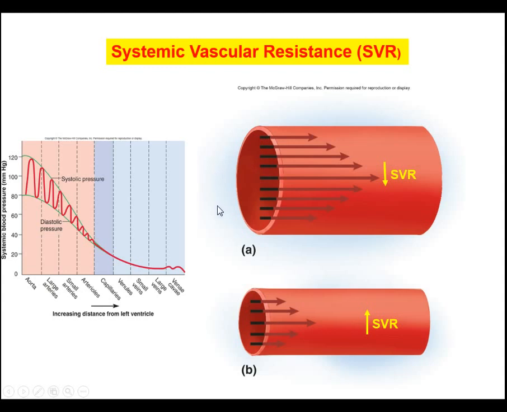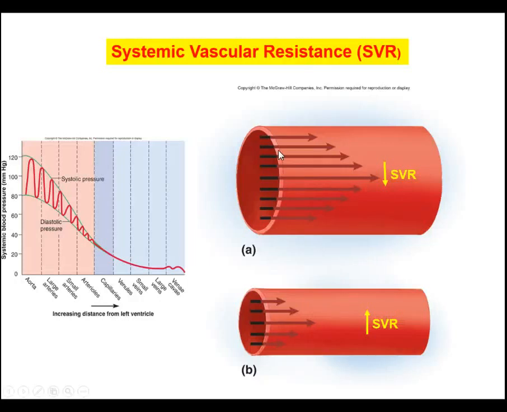And so the significance of systemic vascular resistance is that it helps us to maintain our blood pressure when we're increasing our cardiac output by vasodilating those vessels, especially those vessels that are carrying the blood to the muscles, because we know that when we're active, that's where a significant amount of blood is going to be headed, and to the coronary arteries.